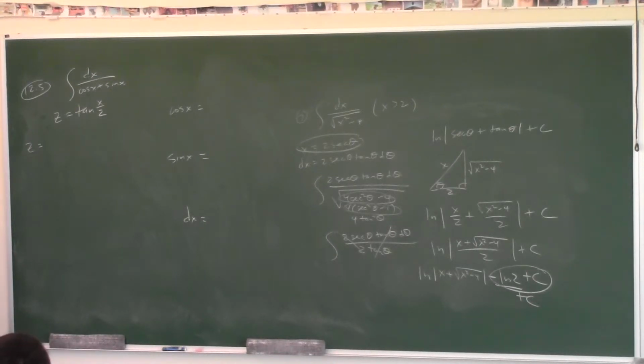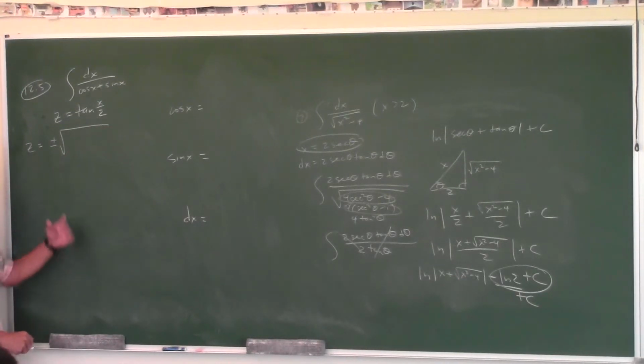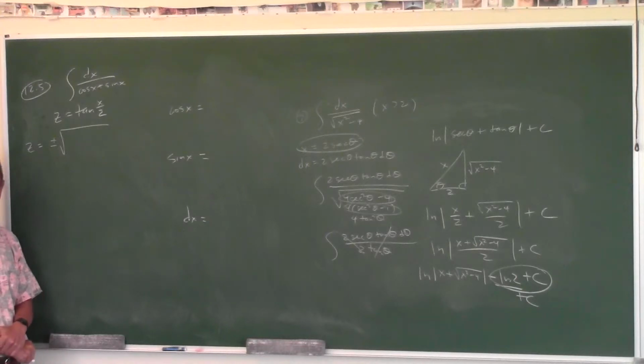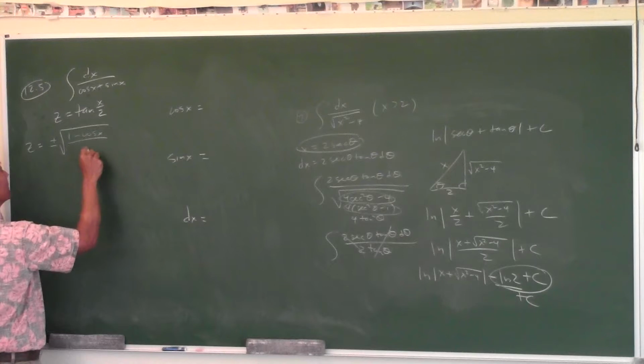Those are not identities. I'm talking about the half angle identities. Okay, I'm gonna tell you which one we're gonna use. Plus or minus the square root of, fill in the blank. 1 minus cosine x over 1 plus cosine x.